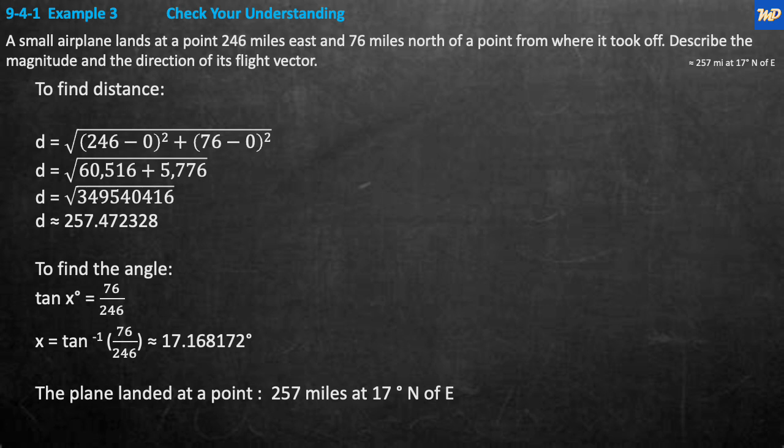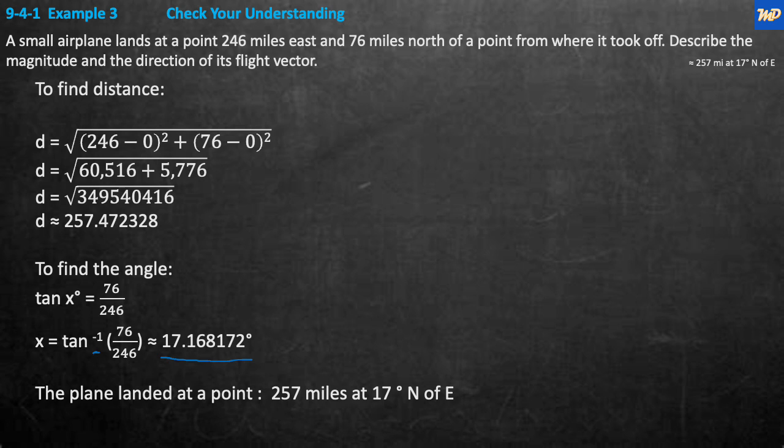So x then is equal to the tan inverse of 76 divided by 246. And when you take that tan inverse, you're going to get 17.168172 degrees. That's the angle we're going to get from the inverse tan of 76 divided by 246.